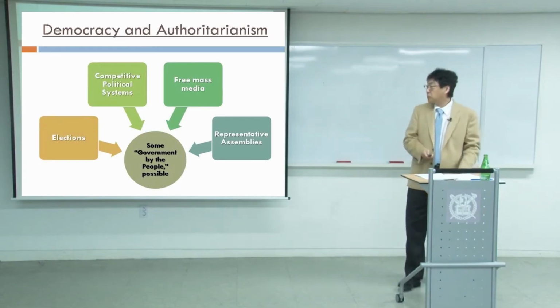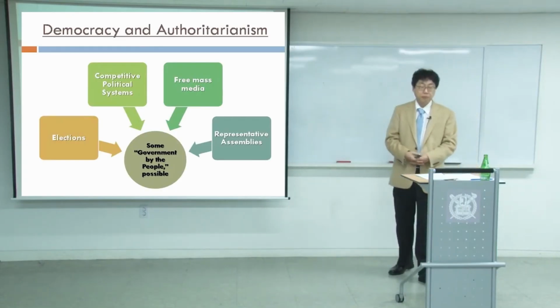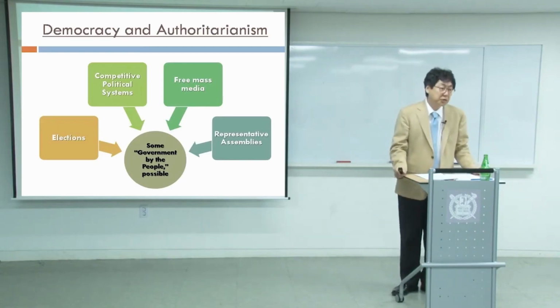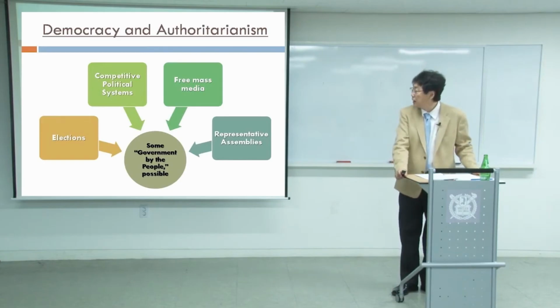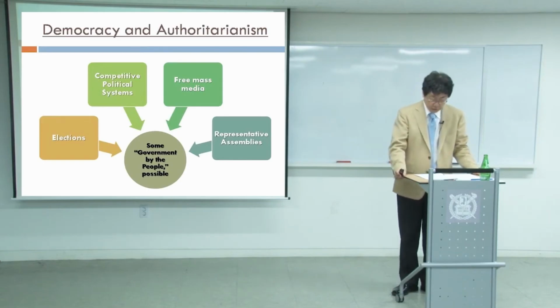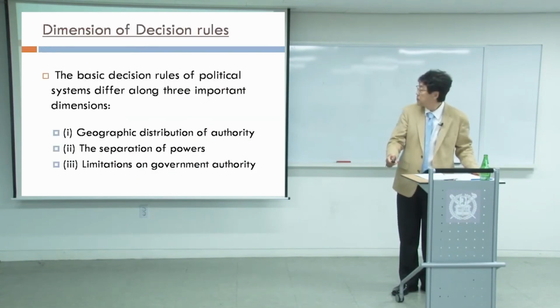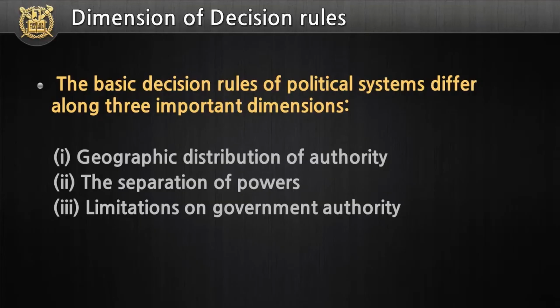Okay, so the most important distinction in the political institutions was a distinction between democracy and authoritarian rule. That much we don't need to discuss anymore. But on top of that, the basic decision rules of political systems differ along three important dimensions.